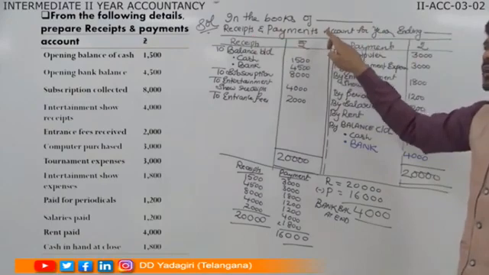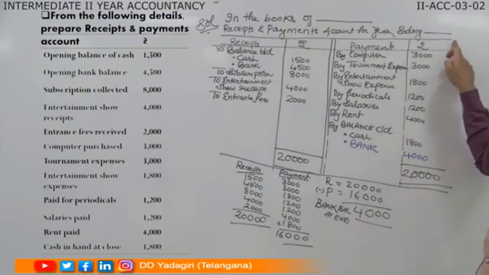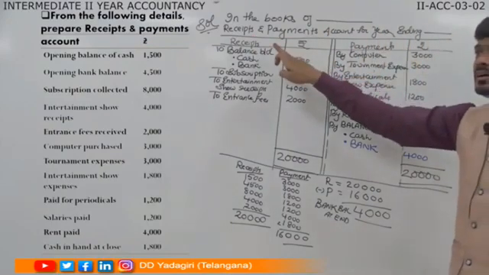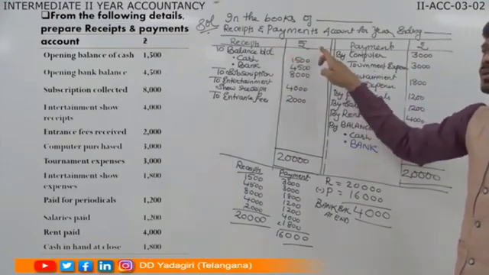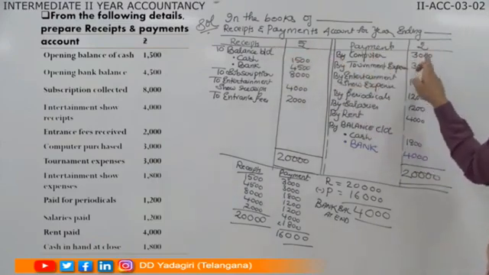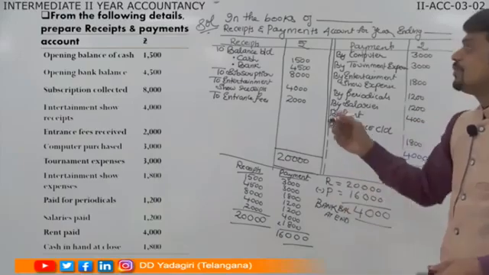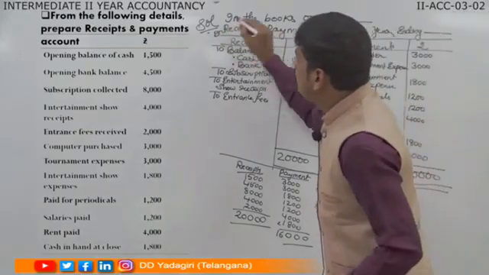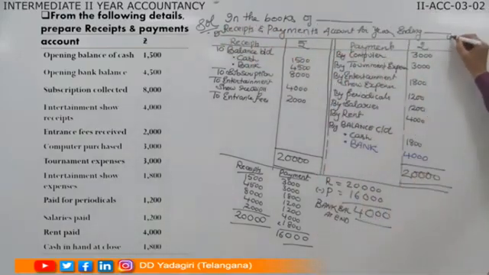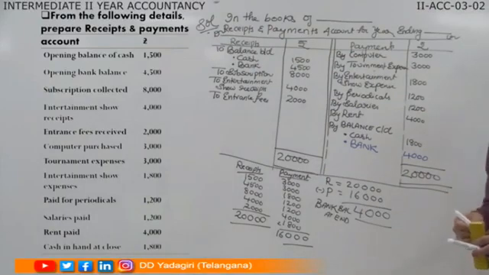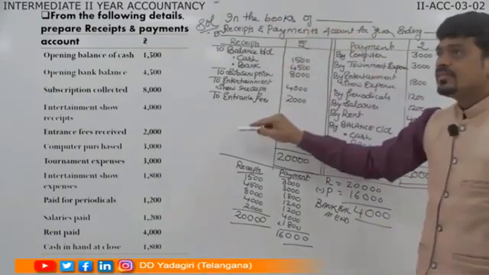Receipts and payments account for the year ending so and so. Then debit side receipts, rupees, payments, rupees. For your understanding, if you want, you can write debit here and credit here, so that it will be more easy for you. Then the postings.